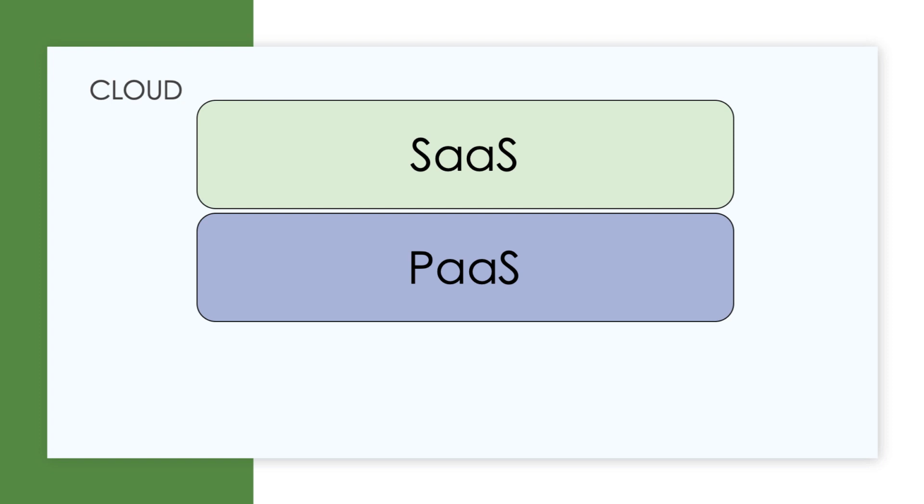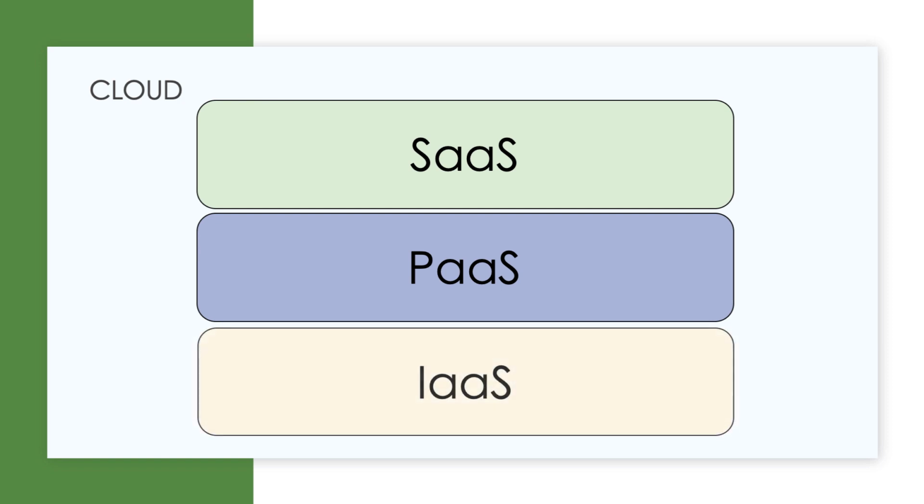And then there's infrastructure as a service, and this is where you might be setting up some network topology, but you're doing it cloud-based. So the networks are virtualized in the cloud, the servers are virtualized in the cloud, the firewalls are virtualized in the cloud.